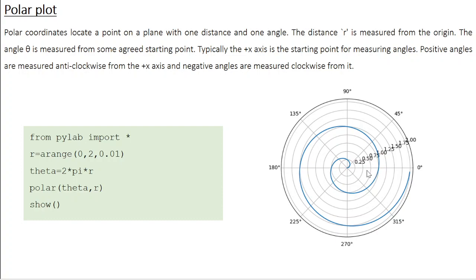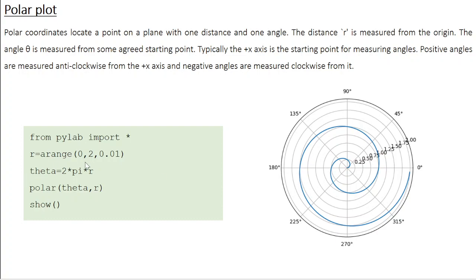So here you can see you have two axes. One is the distance axis, then the angle measured with respect to the plus x axis in the anti-clockwise direction, that is your theta coordinate. So the first point, r is 0, theta is 0, that's your starting point.